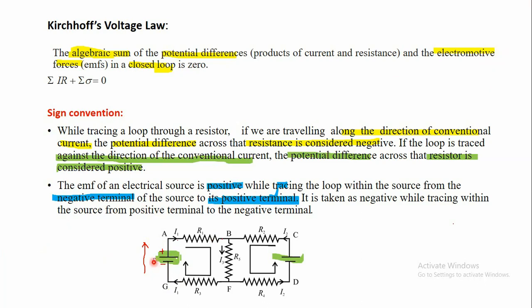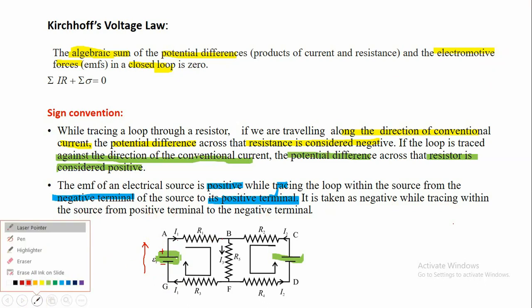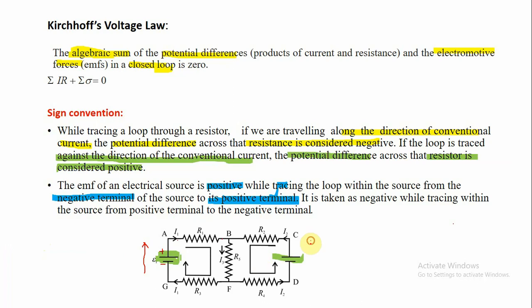So it will be taken as plus E. And it is taken as negative while tracing within the source from positive terminal to the negative terminal. So if I am moving like this, then I am crossing positive terminal first and negative terminal second, and in this case this will be taken as negative.